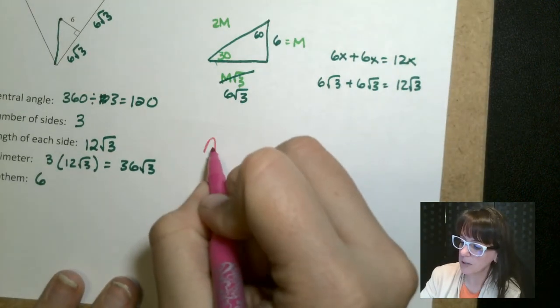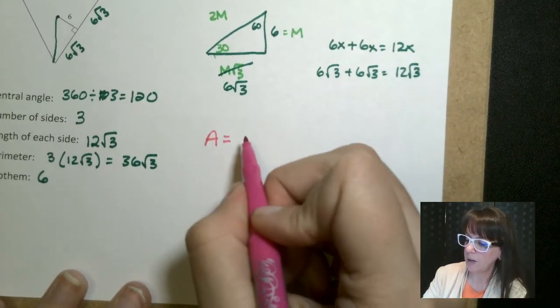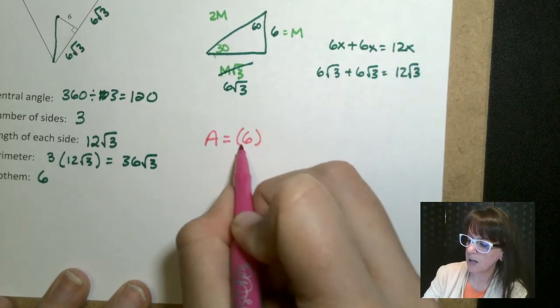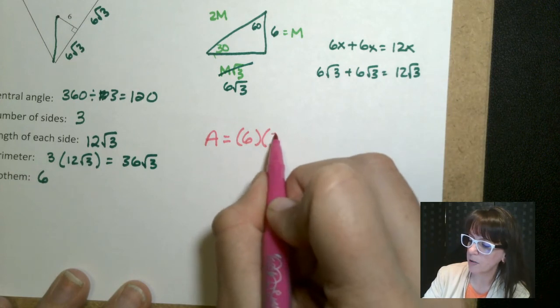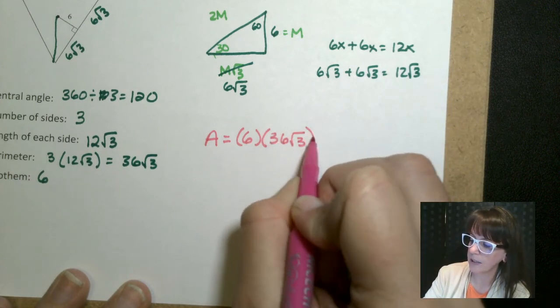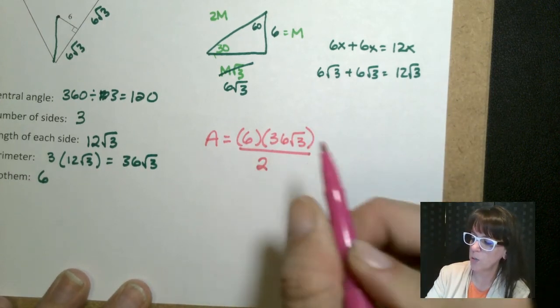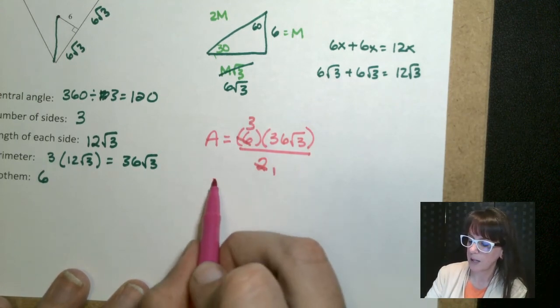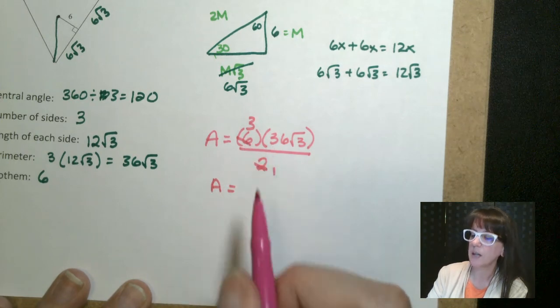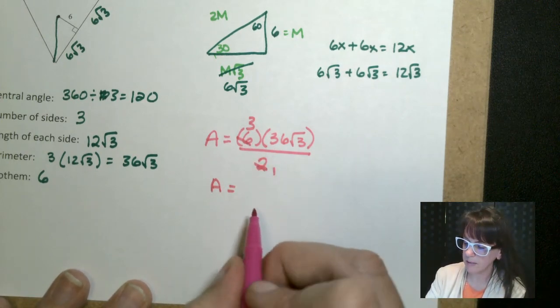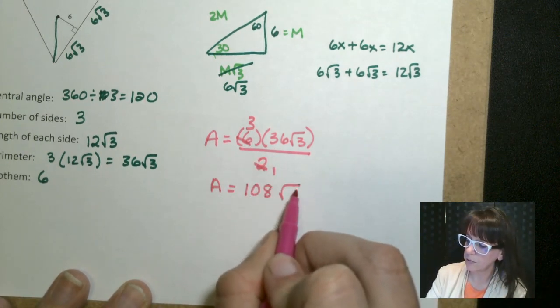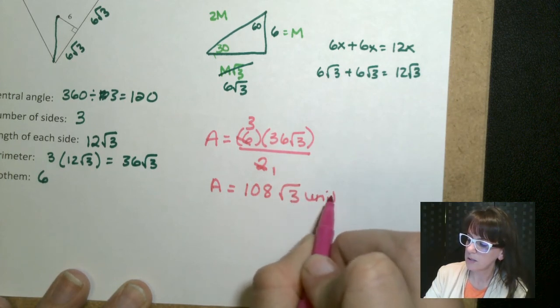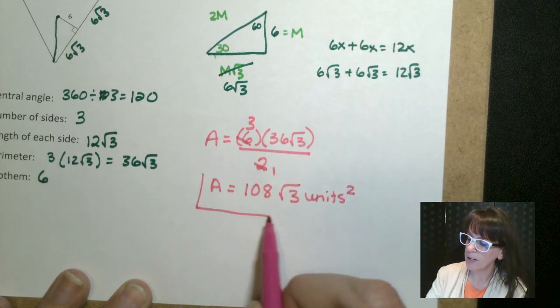Area equals the apothem, which is 6, times our perimeter, which is 36√3, all divided by 2. Divide by 2, you get 1. Divide by 2, you get 3. Look at that cross canceling. Area equals 3 times 36, which is 108√3 units squared, and there is our area.